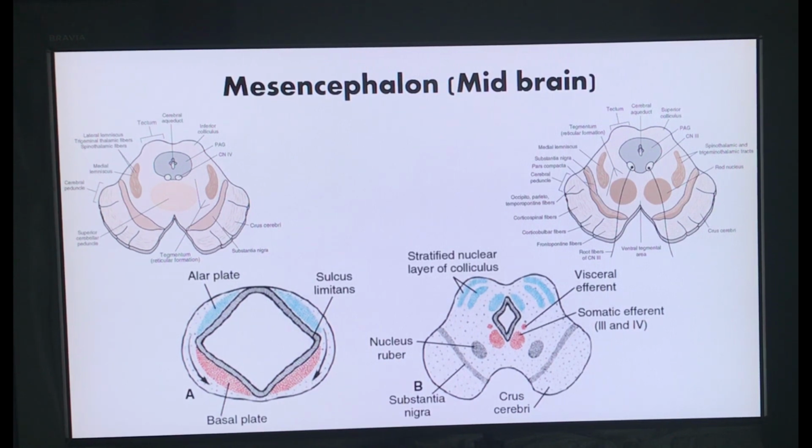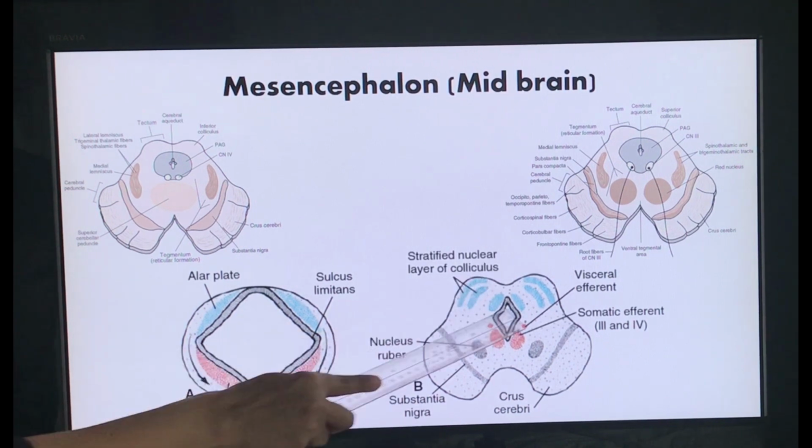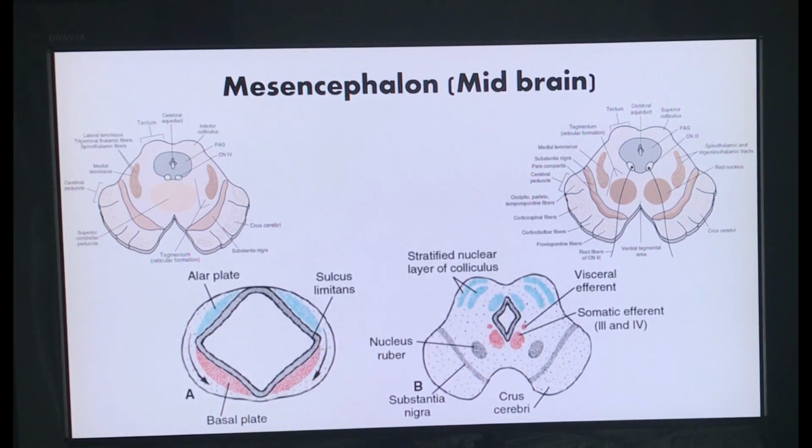The superior colliculus is mainly connected with the visual pathway, and the inferior colliculus has connections with the auditory pathway. There are four in total, two on the superior aspect and two on the inferior aspect. They mainly develop from the alar plate of the mesencephalon.